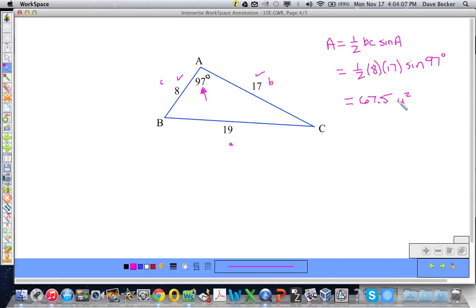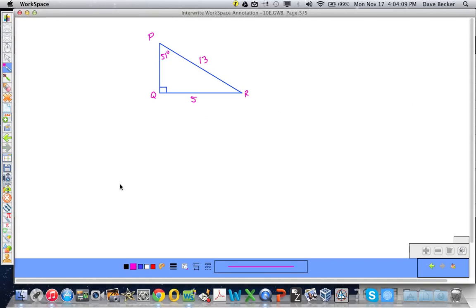And then the last example is right here, triangle PQR. It's a right triangle, so if I had this, I could do 1/2 base times height. And I could get it using the Pythagorean theorem, but I think it's easier to use area equals 1/2 AB sine C. Meaning all I need here now is angle R. And I think it's easier because I already have 90 and 51.